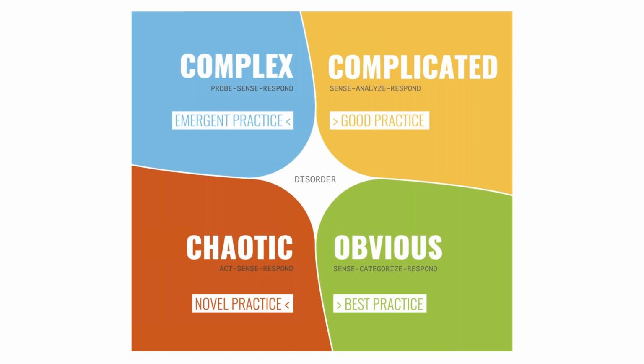We cannot collect the data because it's even impossible to sense. So what we have to do is try something, probe, measure the difference, and then assess a response. This is the domain of emergent practices and experiments. We can do experiments.